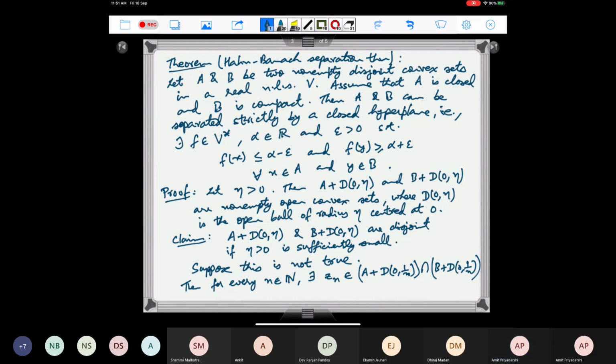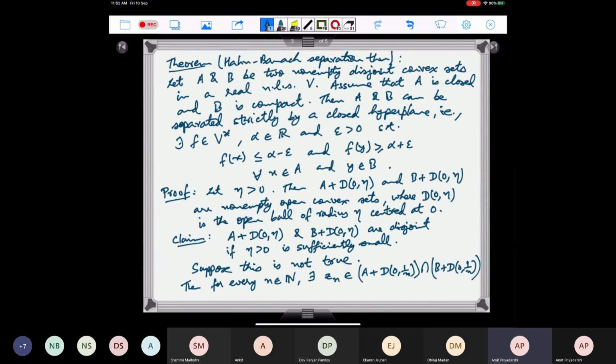What we are asking is, suppose we don't have a normed linear space, we only have any metric space, and then we have a closed set and a compact set. Then can we separate them by disjoint open balls containing A and B?